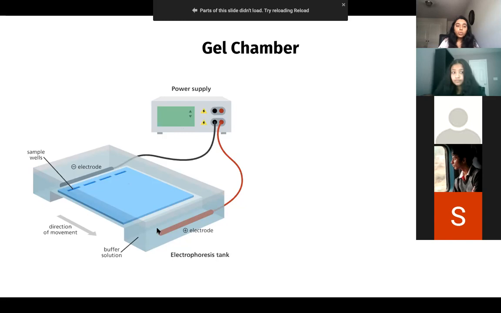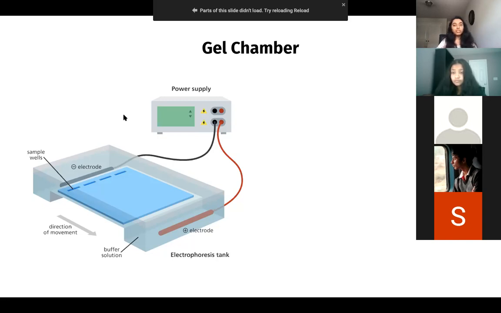And also real quick, we talked about how your gel is made of agarose. You can have gels that are different percentages of agarose. Typically in our lab, we use 1% agarose in our gel, but based on the size of your DNA fragments, you will need gels of different thicknesses. If you are trying to run a gel on DNA fragments that are very large, larger fragments don't travel through as easily. So you're going to want to create more pores so that the fragments can be further separated by size.